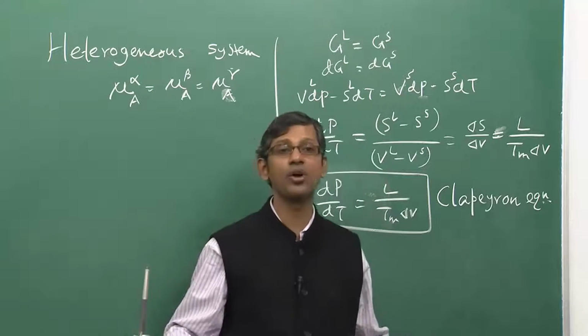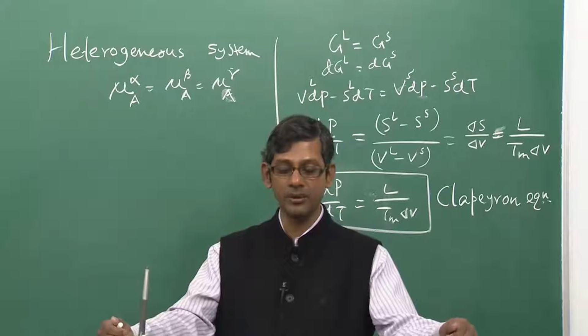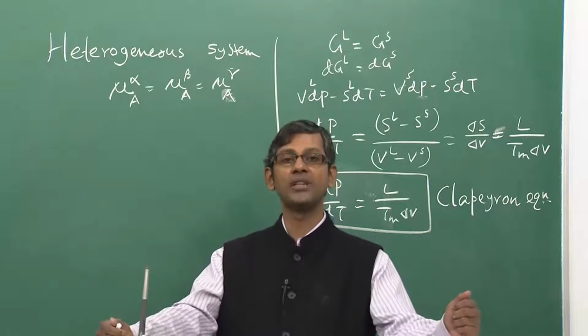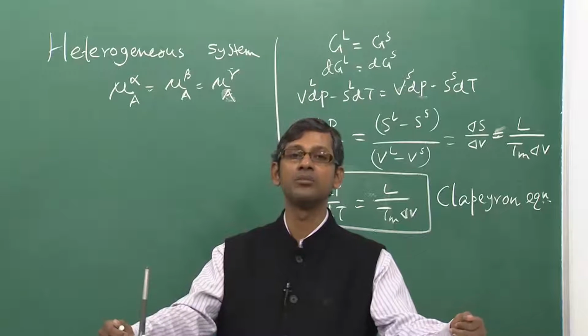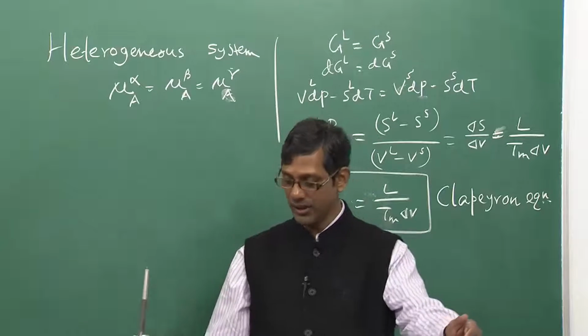Some people say this is the Clausius-Clapeyron equation, but there were two scientists who derived it. The Clapeyron equation tells you how the pressure will change as a function of temperature for a pure component, correct. So let us now move ahead.